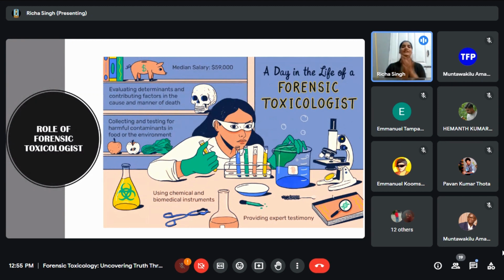And then you use different chemical and biochemical instrumentation, and then you do the identification, and then you provide the expert testimony, because whatever result you are producing will be presented in the court of law as evidence, and then you will be called upon to give the testimony to justify your result if the court is not satisfied, if the opponent lawyer is not satisfied, whatever their doubt is.